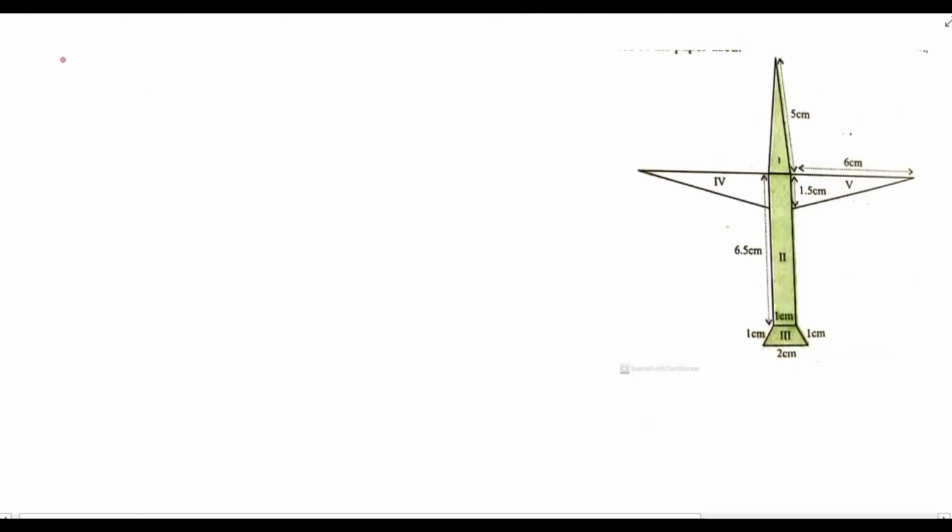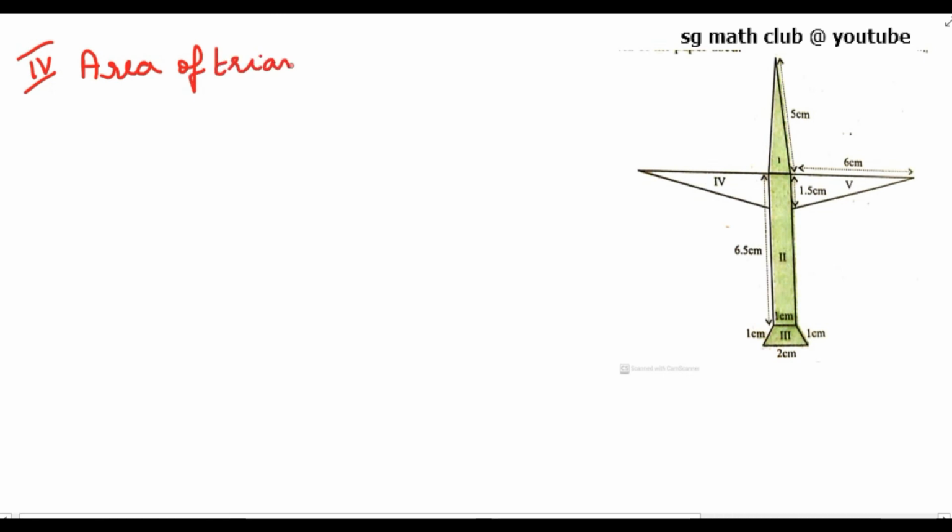Now we will find the area of the fourth portion, which is a triangle. We can use the formula half base into height since it is a right angle triangle.